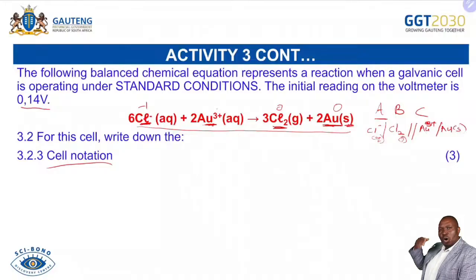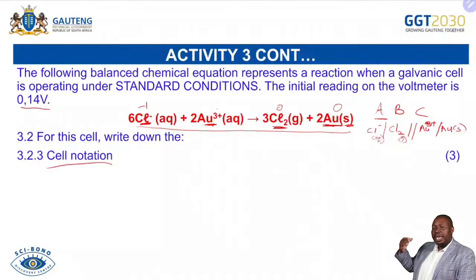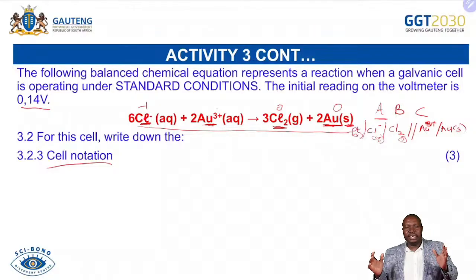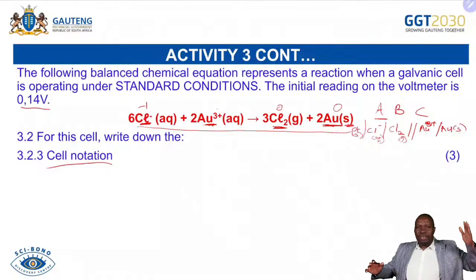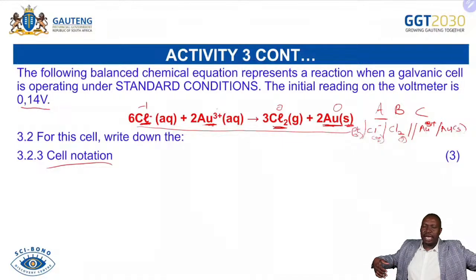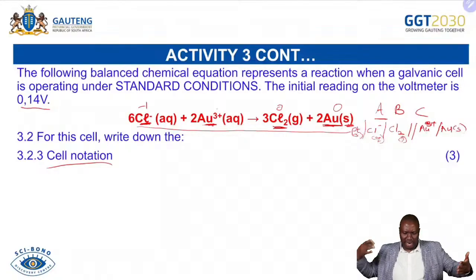So for us, we always need an electrode that is solid, that is a good conductor of electricity. Definitely we're going to look for platinum, to be our electrode here, because platinum is a good conductor of electricity. Always when we're writing cell notation, we must have a solid on the anode side. We start with the solid on the anode side, and we end with the solid on the cathode side.